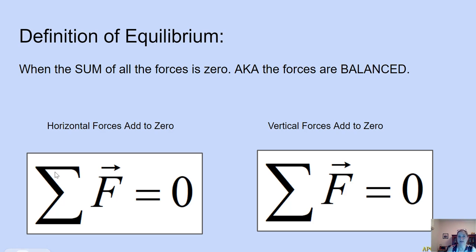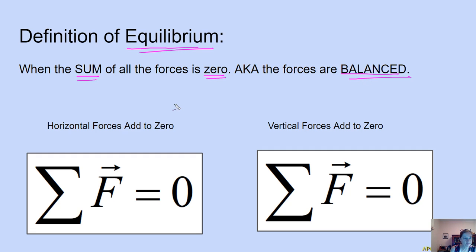So the first thing I want to make sure you have in your notes is the definition of equilibrium. Equilibrium means when you add up all the forces, you get a big fat 0. If you like the phrasing better, it means the forces are balanced.